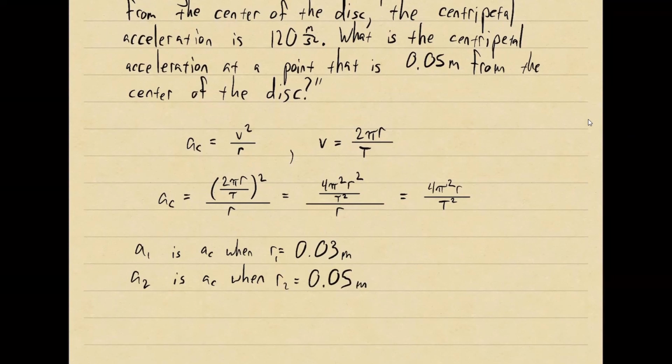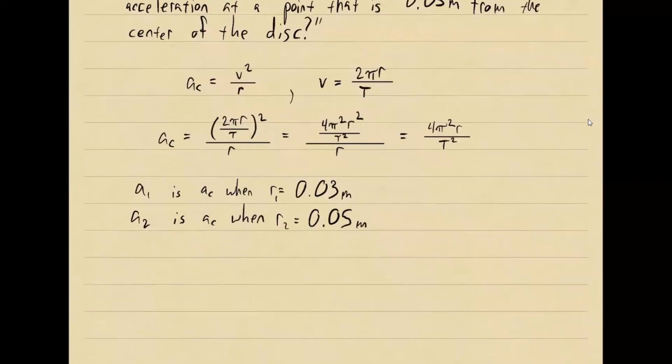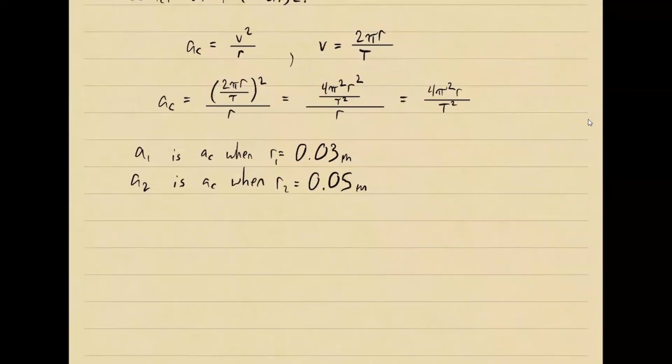So if we take the ratio of A2 divided by A1, we have A2, the centripetal acceleration of a point that's 5 centimeters away from the center of rotation, divided by A1, which is the centripetal acceleration when we're only 3 centimeters away.